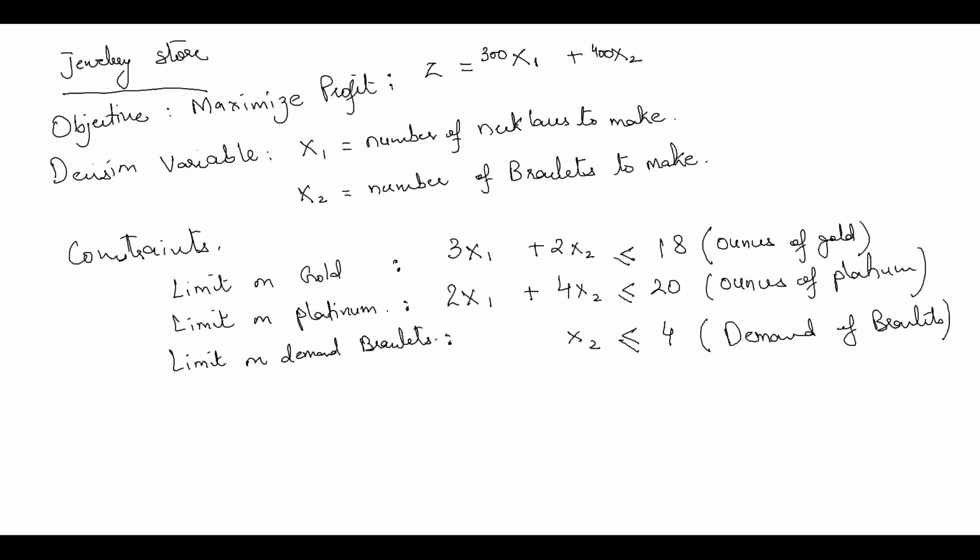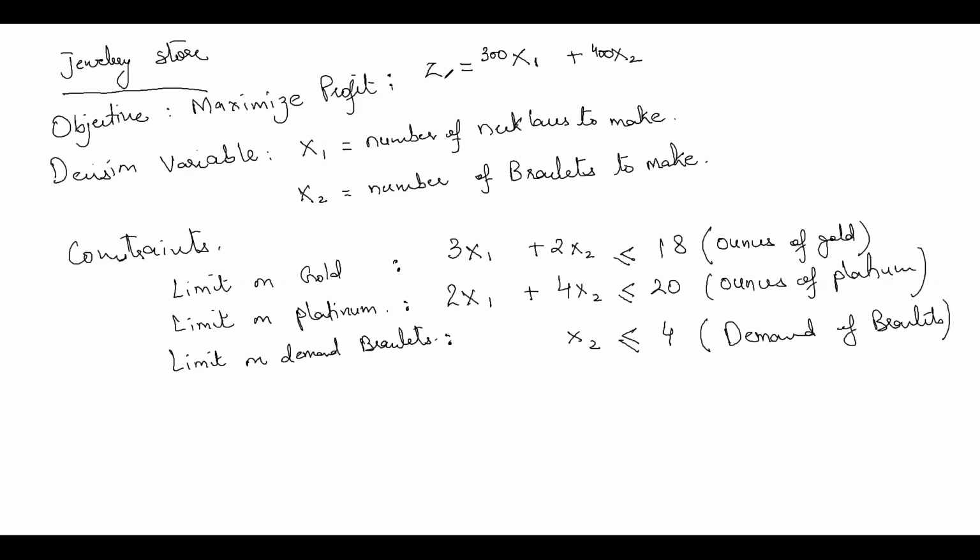If we have accurately put everything in mathematical form, we are halfway done with solving our problem. So what we have to do now is find a solution so that this Z is maximum while keeping these constraints checked.